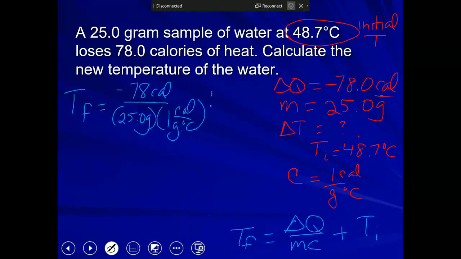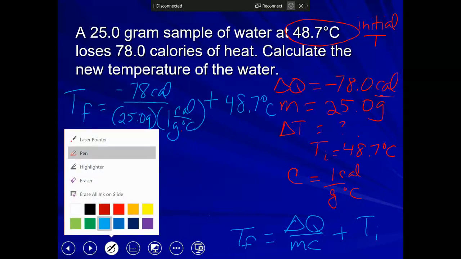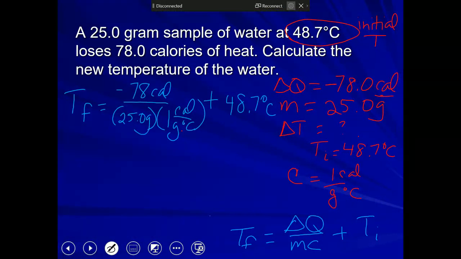And then I'm going to add to that 48.7 degrees Celsius. Now over here, the calories will divide out. Calories divided by calories, that's going to divide out. And this is grams divided by grams. And I'm left with this 1 and then 1 over Celsius on the bottom. So this one's going to be Celsius when I solve this.